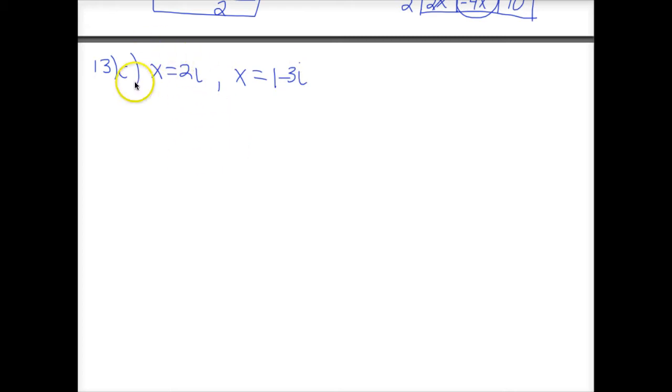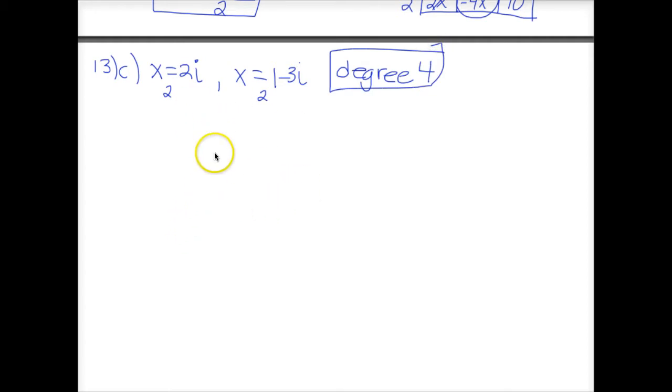Well, you should know that imaginaries always come in pairs. So if this is a 0, that means negative 2i is a 0 also, which means that represents 2 zeros. Same with this. Its complex conjugate 1 plus 3i has to be a 0 as well, which means that there are 4 zeros. Remember that the number of zeros should match the degree, so that is why I put that it had to be degree 4.